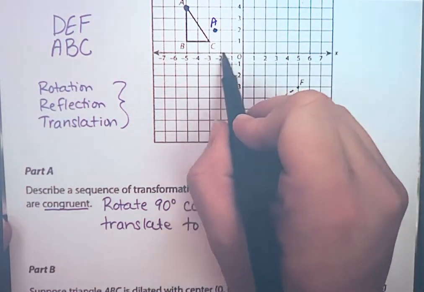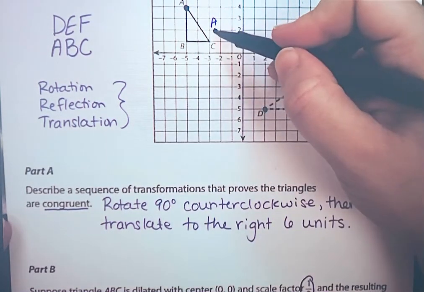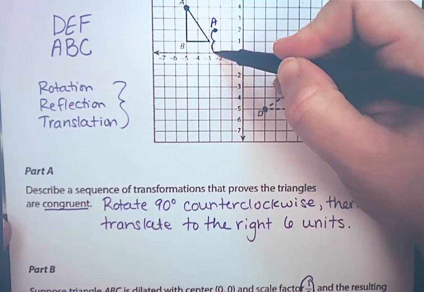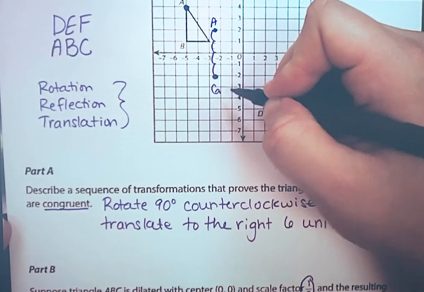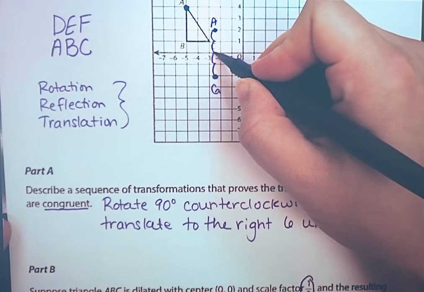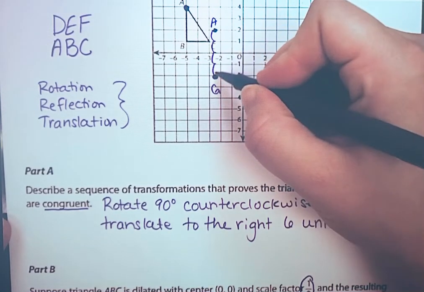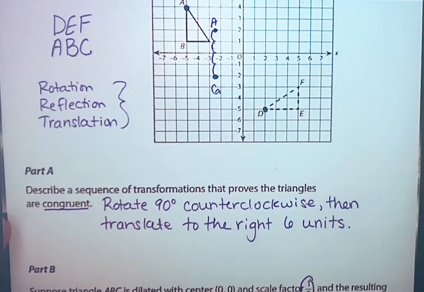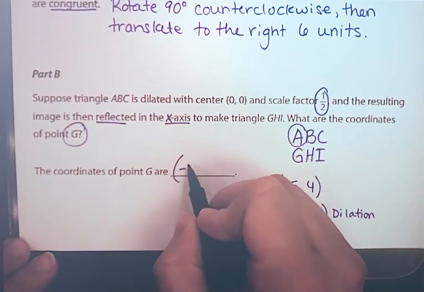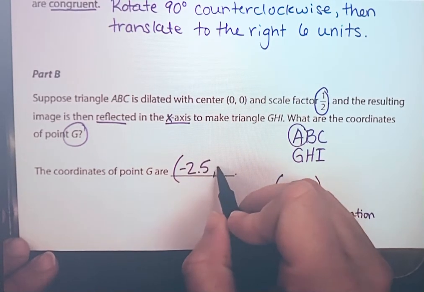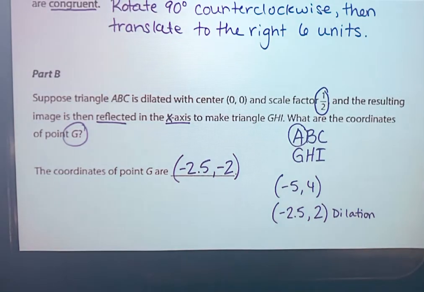So this is your x-axis, and you're reflecting it across from it, so it's 2 units away, and it's going to remain 2 units away. This would be the new coordinate for G, and that coordinate is still -2.5, but instead of +2, it's going to be -2. So we're going to write -2.5, comma, -2. Remember, when you are dilating something, all you're doing is multiplying.